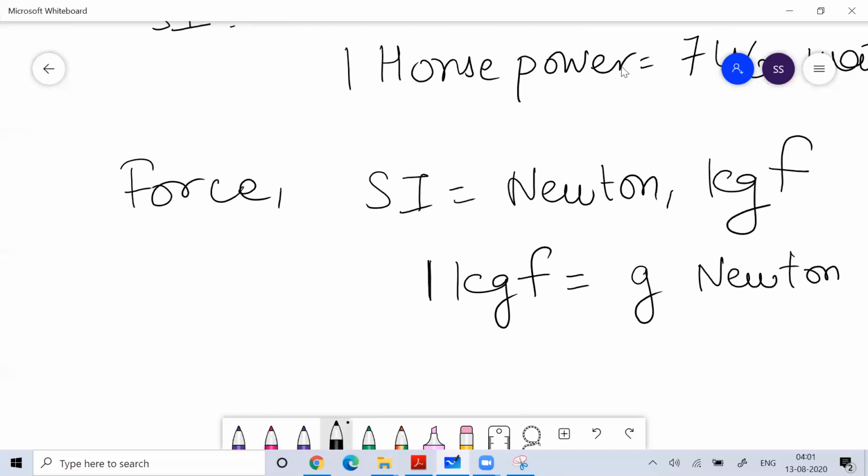Depending upon the problem, in some problems g is given as 9.8 meter per second square, or in some problems it would be given as 10 meter per second square. If nothing is given, you can take 9.8. Otherwise, if they want you to take 10, they would mention it in the problem.